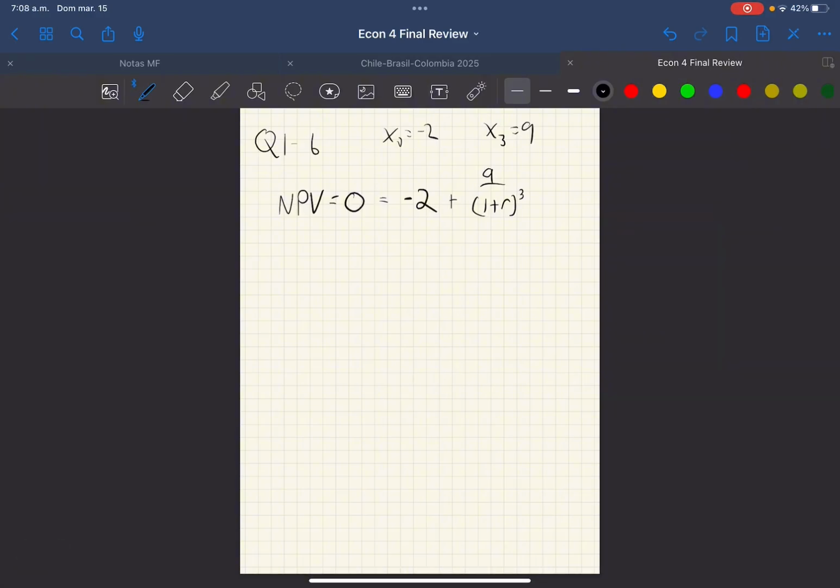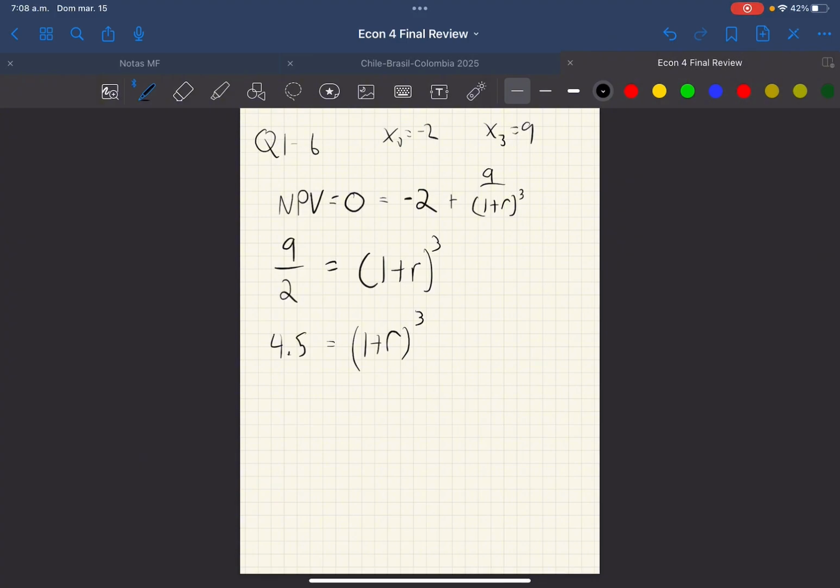So then let's rearrange terms here, and we're going to get 9 over 2 is equal to 1 plus r to the third. And so 9 over 2 is equal to 4.5, which equals (1 plus r) cubed.